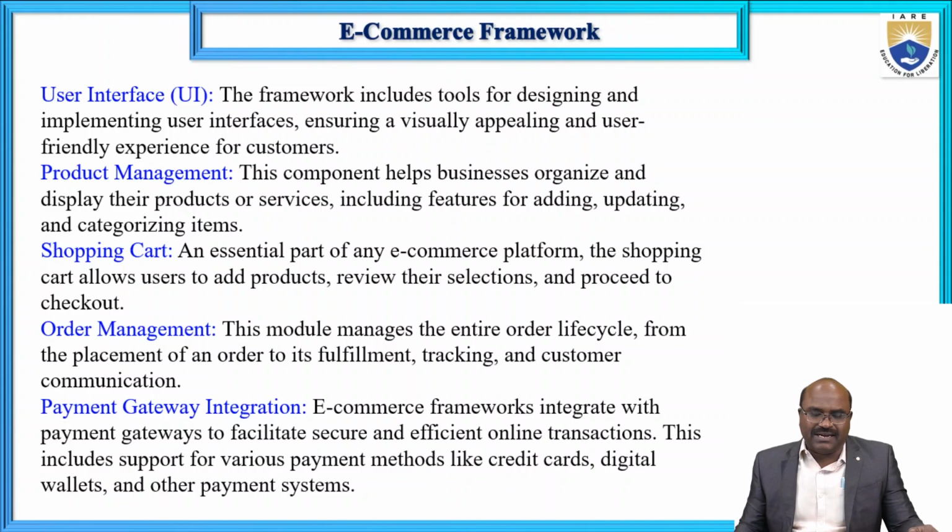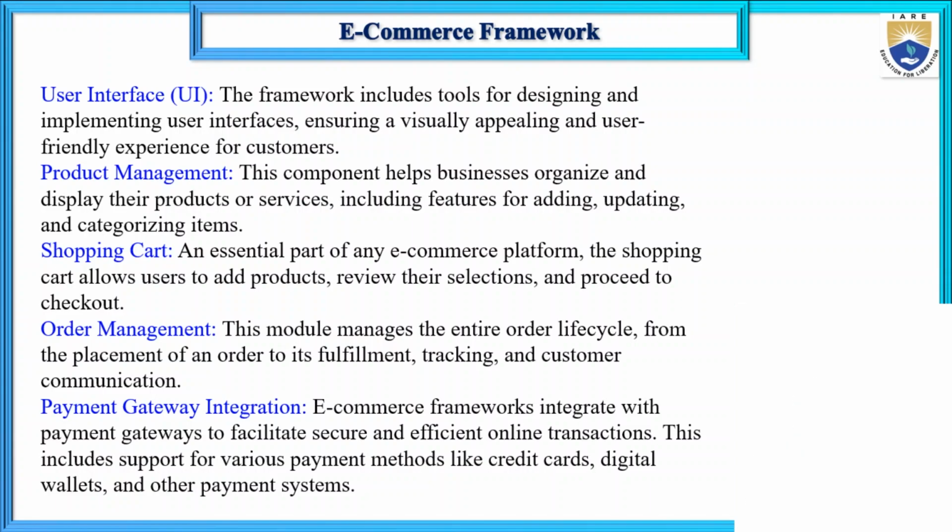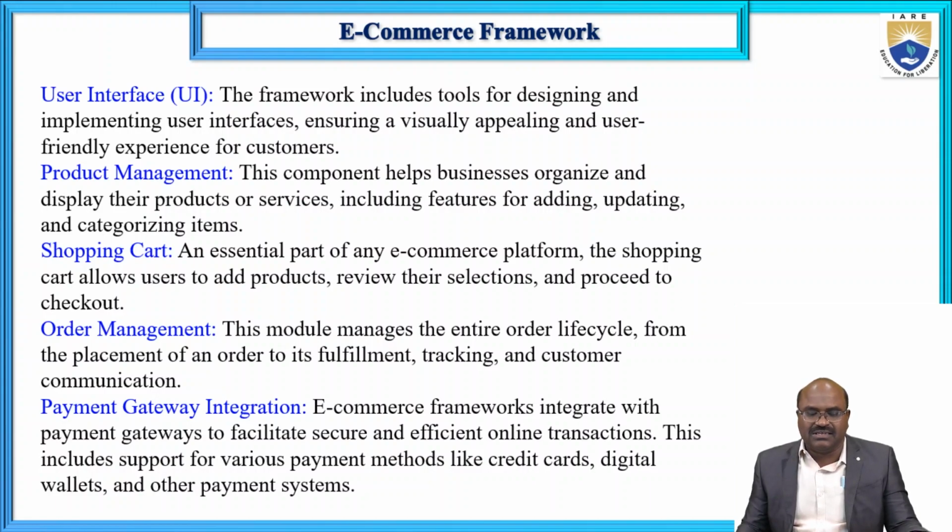In addition to that, the second point is product management. That is also one of the essentials of the e-commerce framework. This component helps the business organize and display the products or services, including features for adding, uploading, and categorizing items.